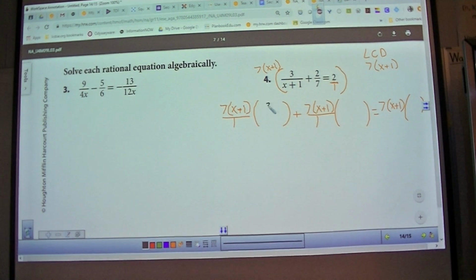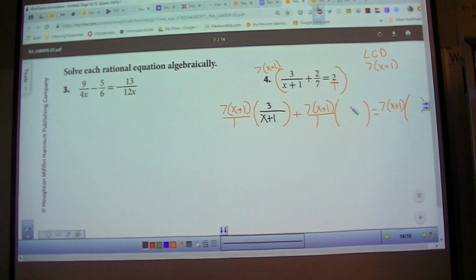We got 3 over x plus 1, 2 over 7. I'm not really worried about what I'm reducing and things like that at this point. I'm just making sure I write what I need to do and then come back through.